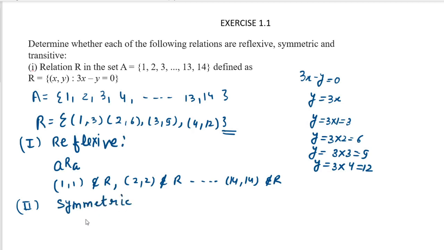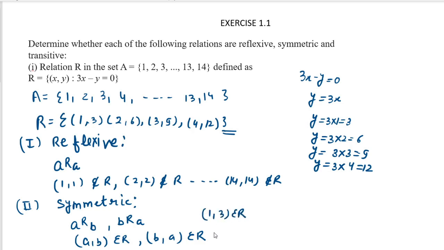For the symmetric, children, if A is related to B and B is related to A. What I mean to say, if any pair is given here like (A, B) belongs to R and (B, A) also belongs to R, then we can say this kind of relations are symmetric relations. But children, here if I talk about (1, 3), you can see one thing, children, (1, 3) belongs to R, but (3, 1) does not belong to R.